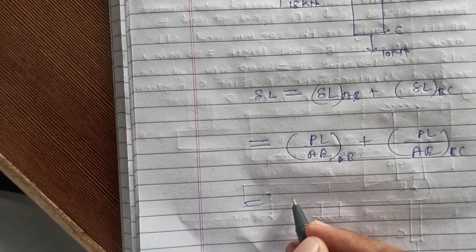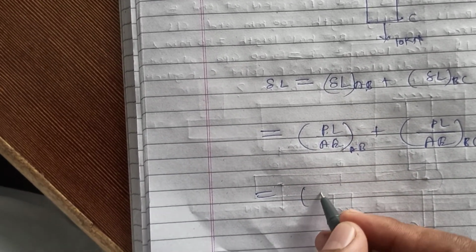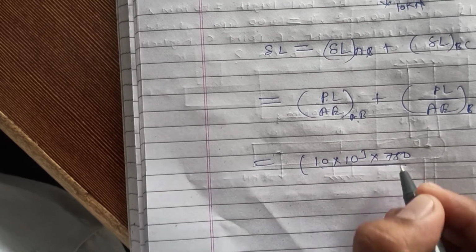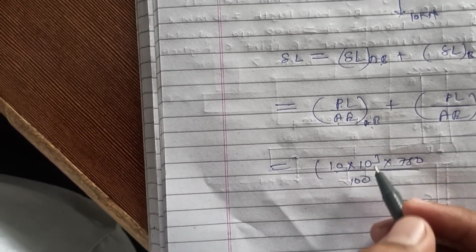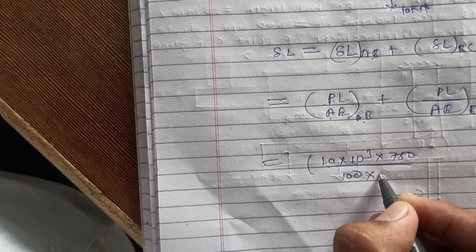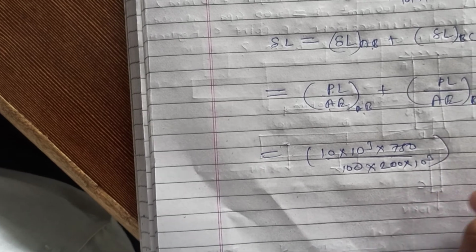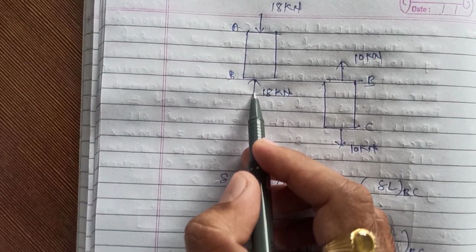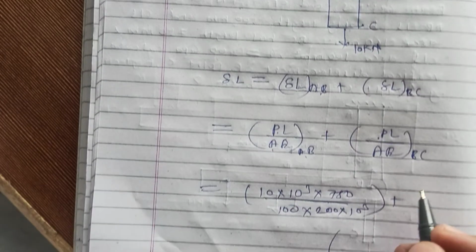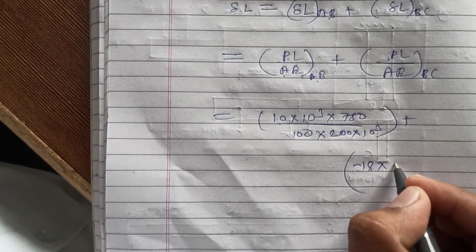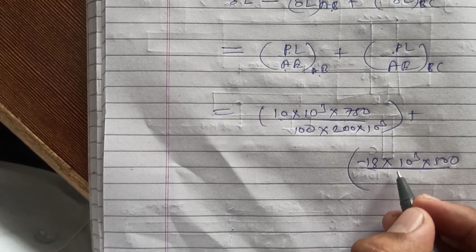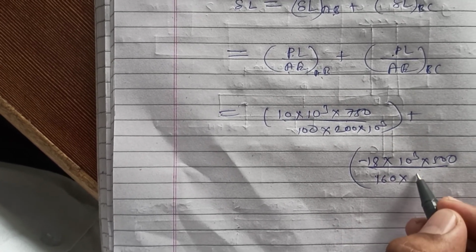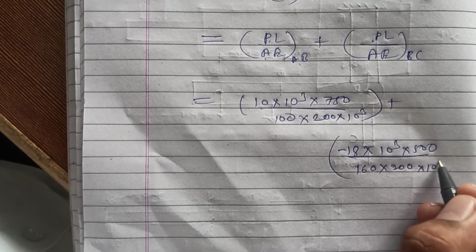P for AB is 10 into 10 raised to 3 into 750, divided by area 100, into E, which is 200 into 10 raised to 3, plus, in bracket, since P is a compressive force take the sign as negative, so minus 18 into 10 raised to 3 into 500, divided by the area given for element BC, that is 160, into E which is 200 into 10 raised to 3.